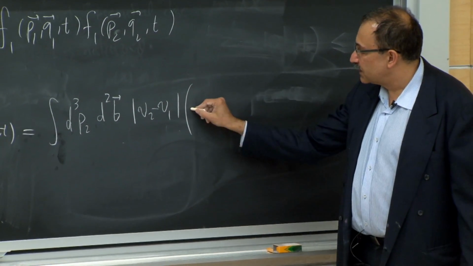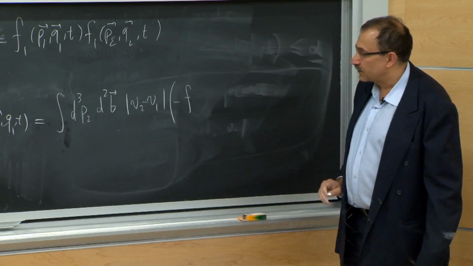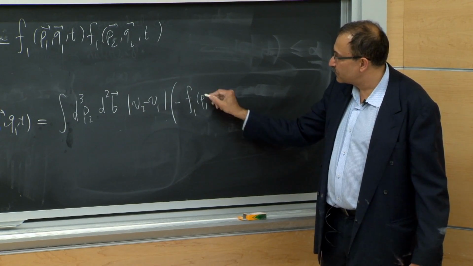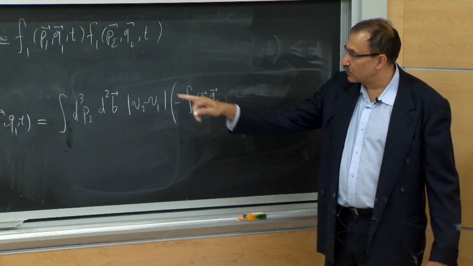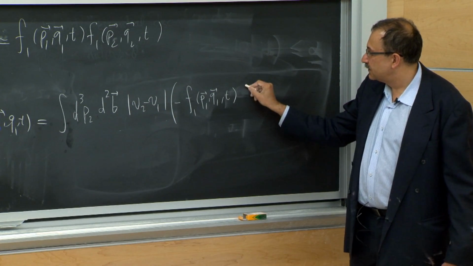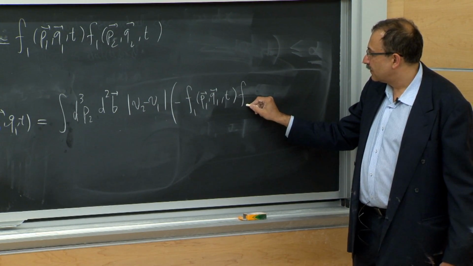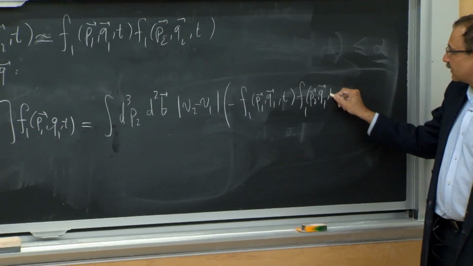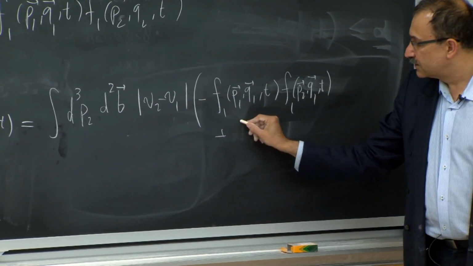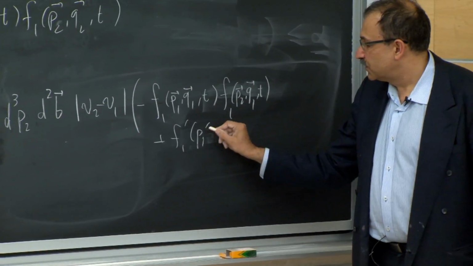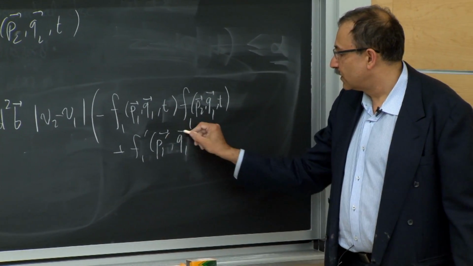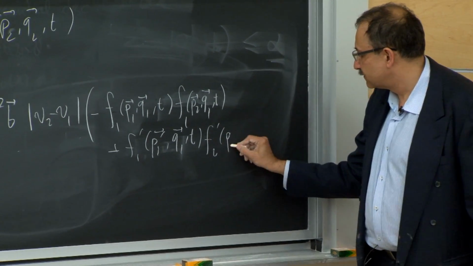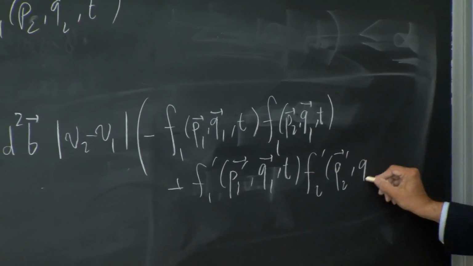Then we subtract the collision of the two particles, and we write that as f1 of p1 at this location q1, t, f1 of p2 at the same location q1, t, and then add f1 prime of p1 prime, q1, t, f1 prime of p2 prime, q1, t.